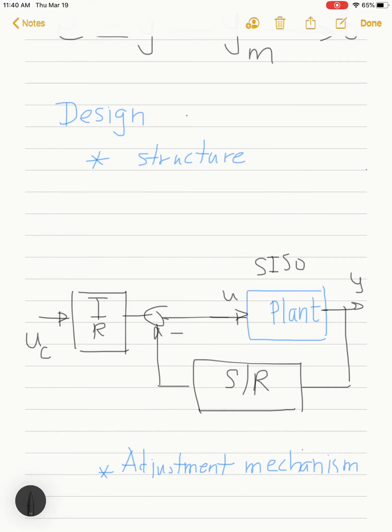Now, T, R, and S are polynomials in P, which is d by dt.